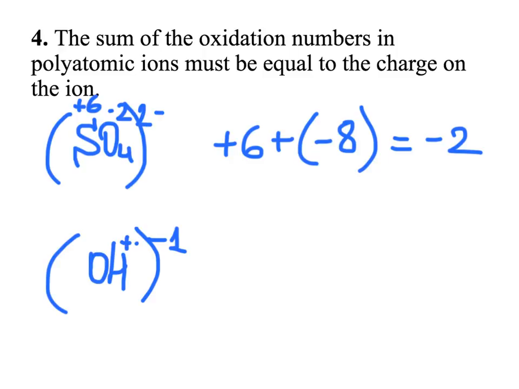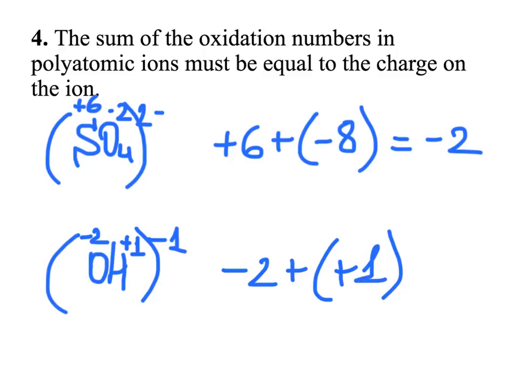It's almost always plus 1. And the oxidation number of the oxygen is also predictable. It's almost always minus 2. So we have minus 2 plus 1 on the hydrogen, and together it gives us minus 1, which is what we wanted.